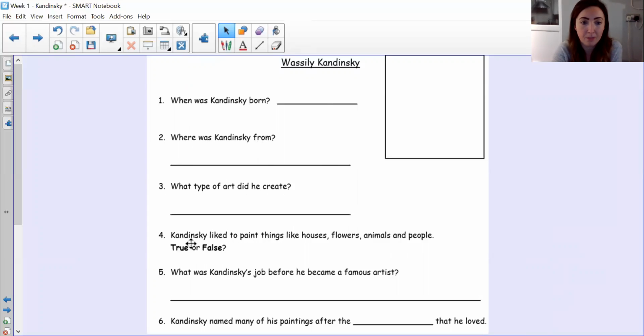Question 4, Kandinsky liked to paint things like houses, flowers, animals, and people. True or false? Number 5, what was Kandinsky's job before he became a famous artist? So remember, he wasn't always a famous artist.